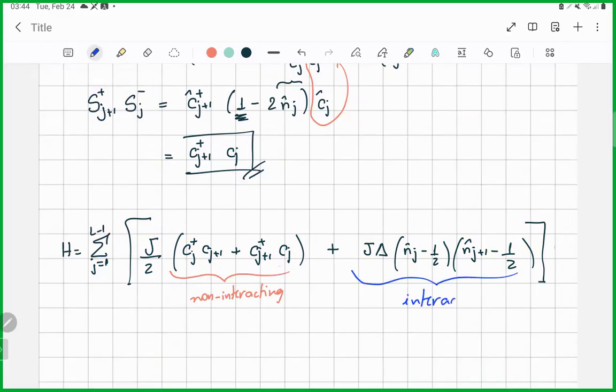And let's discuss this more carefully. Now, we already knew about that because when we were talking about spins, we were calling this one just the flip-flop term, the term that was moving the excitations along the chain. And this one, we were calling the Ising interaction. So you already knew this distinction, but let's talk about this more carefully.